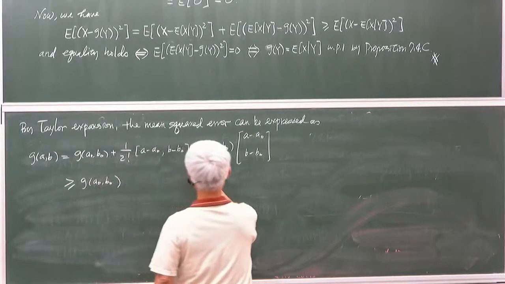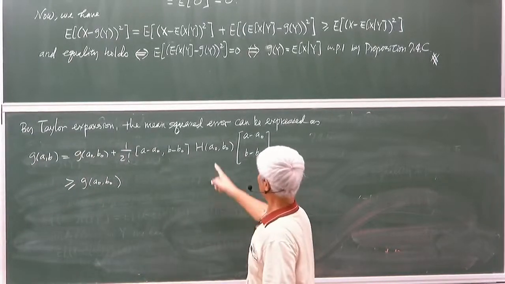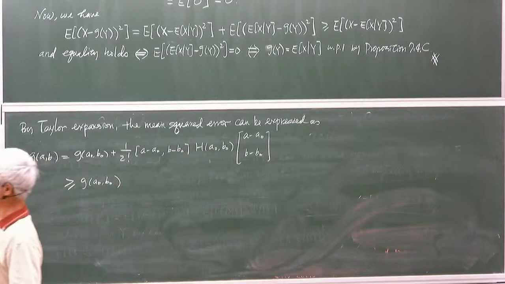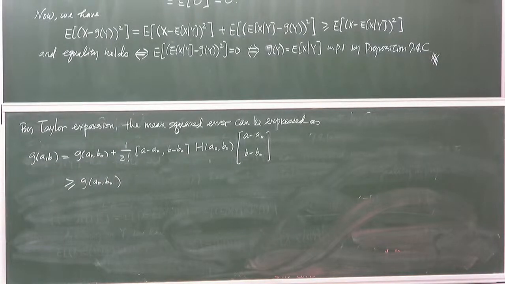Why? Because as we know, the Hessian matrix is positive definite. So you see the quadratic form is always positive if the point is non-zero. Of course, if the point is the 0 point, the quadratic form is 0, of course. There's no problem. But if the point is non-zero, then the quadratic form is positive.